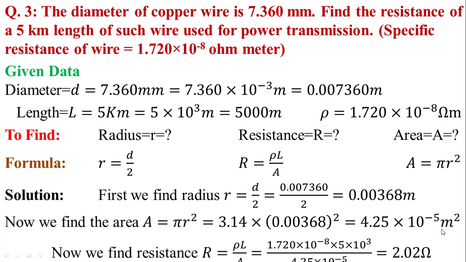Now we can find the resistance. According to the statement, resistance R is equal to rho L over A. Putting the values, the value of rho is equal to 1.720 multiplied by 10 raised to power minus 8, the value of length is 5 multiplied by 10 raised to power 3, and the value of area A is equal to 4.25 multiplied by 10 raised to power minus 5.